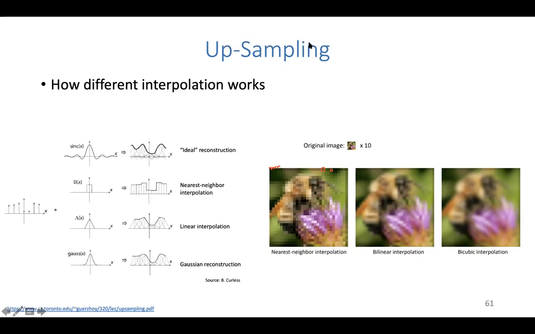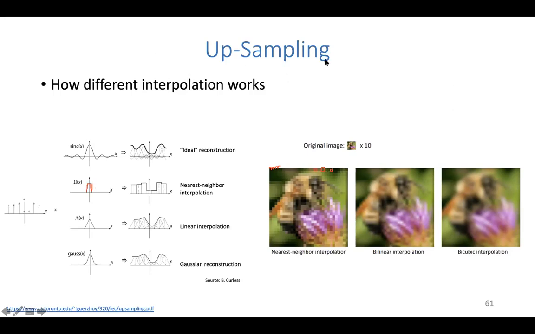This is because you're using a rectangular shaped unit impulse. That is why you end up with a box shape. It's like blowing up a pixel by a factor of 10, basically. So that's that.